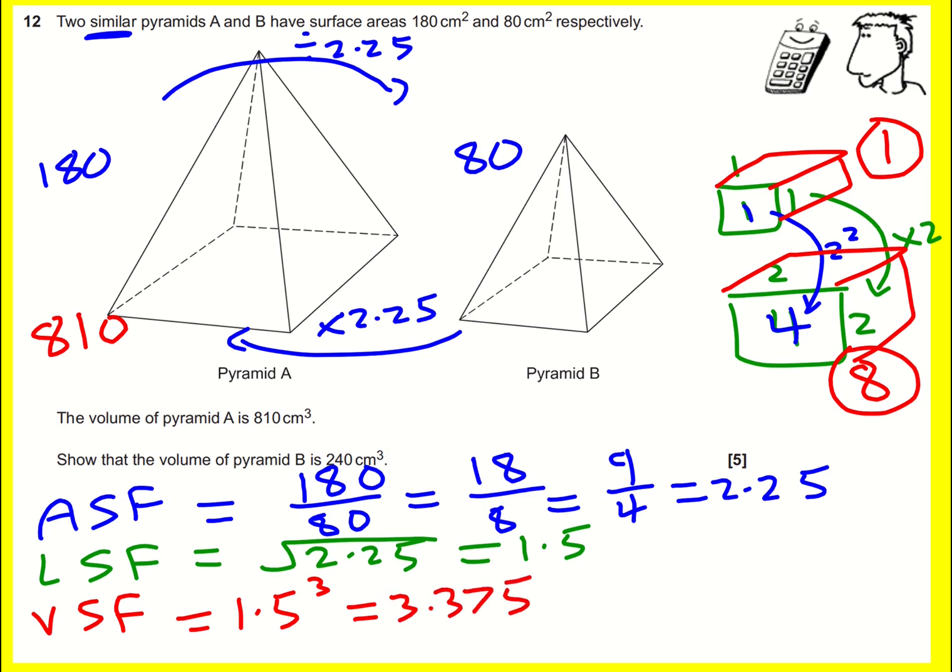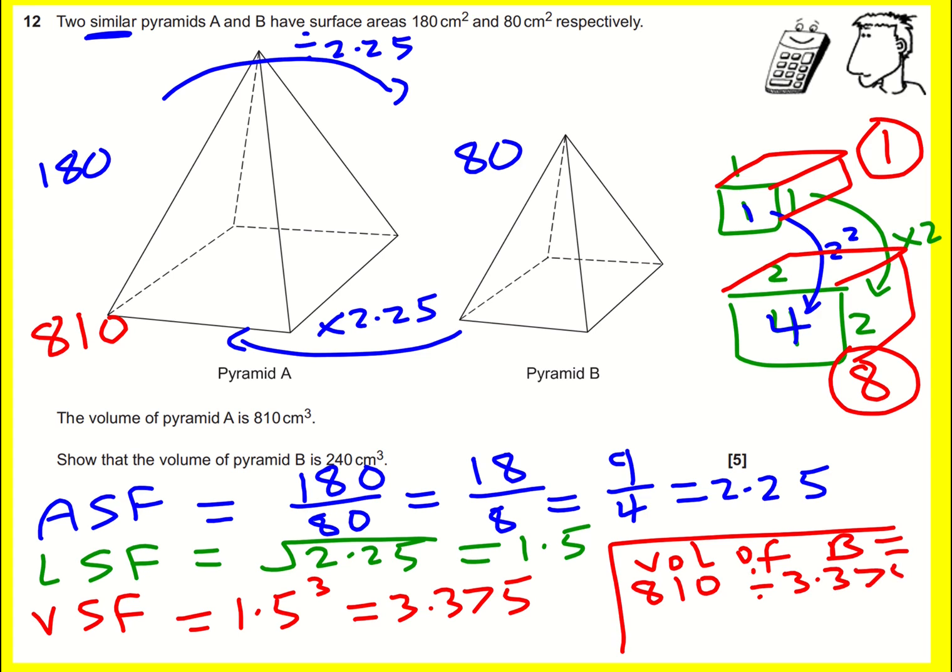So finally, I want to get from 810 to 240, to show that. So I've got a little bit of space here. Volume of B equals this 810 that I have, divided by the volume scale factor, 3.375.